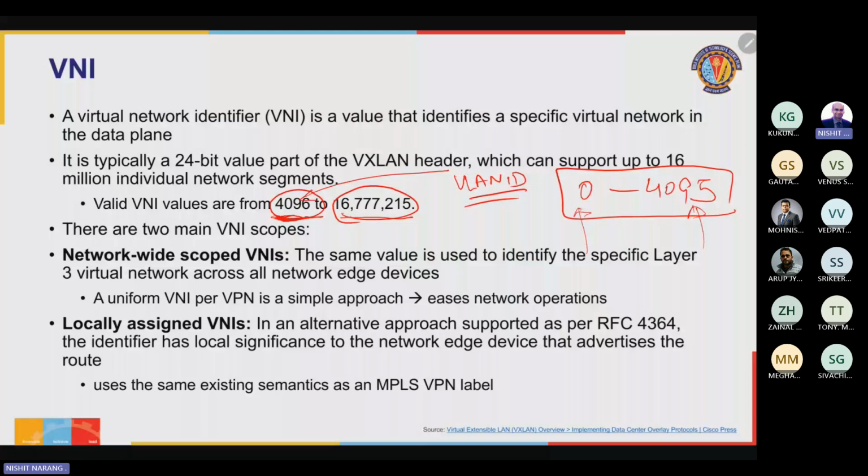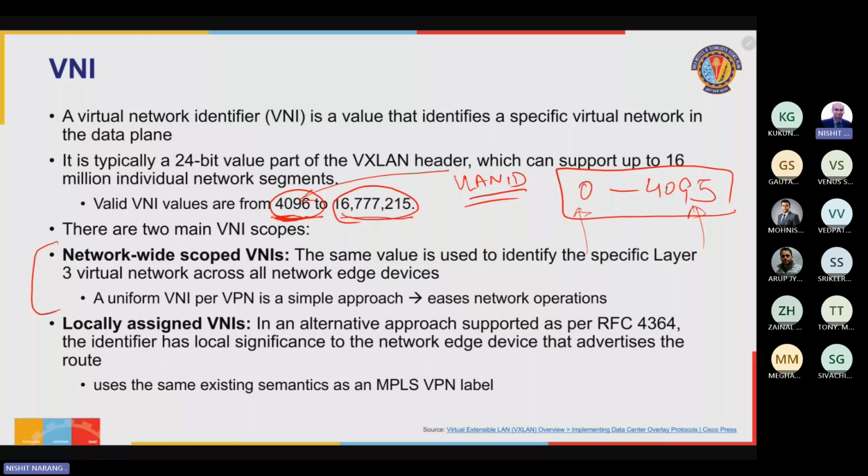Just for completeness, I'm telling you that VNIDs can be scoped in two fashions. One is a network-wide scoped VNI and the other is a locally assigned VNI. What we've so far been talking about is the network-wide scoped VNI. Basically, it means the VNI value is unique across the entire data center network. So VNI 4000 is a unique VNI across the data center.